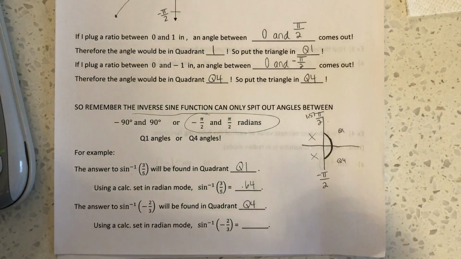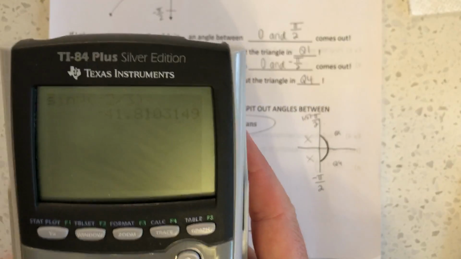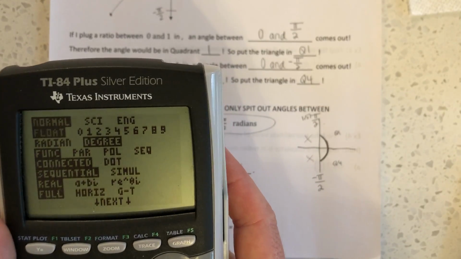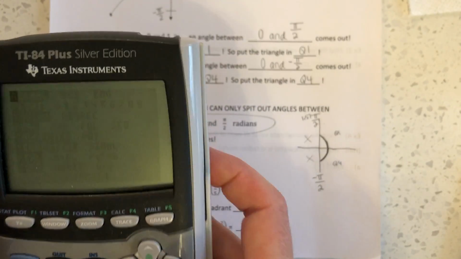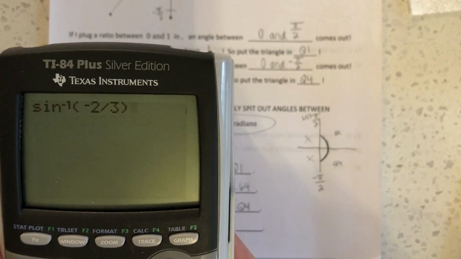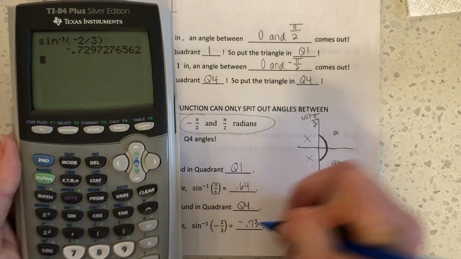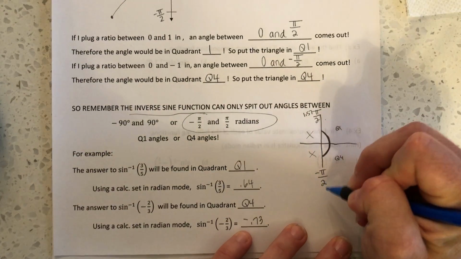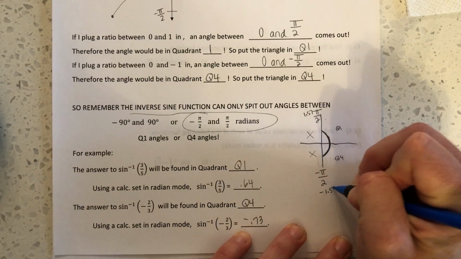Let me get your answer in radians, because that's what we're going to use. Let me go back to radians. Yep. And now, second quit, the inverse sine of negative 2/3 in radians is about negative 0.73 radians. If you remember, negative pi over 2, pi divided by 2, is negative 1.57.